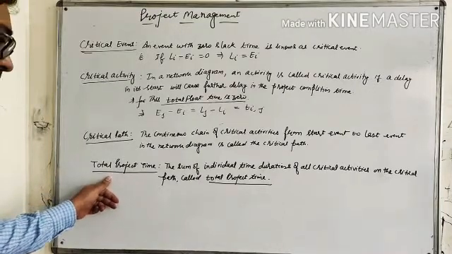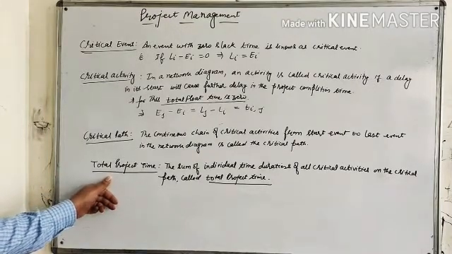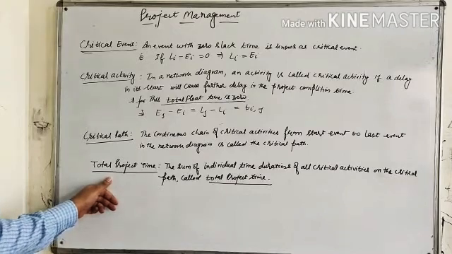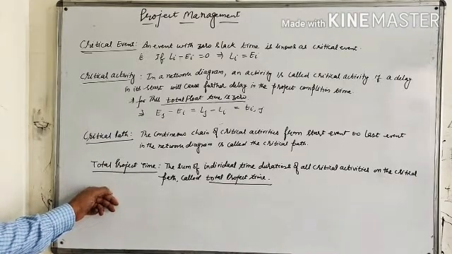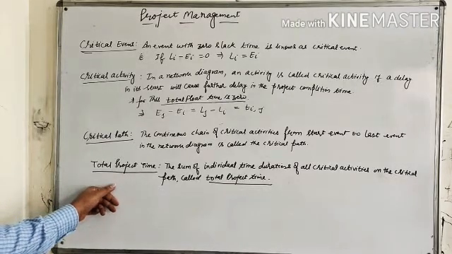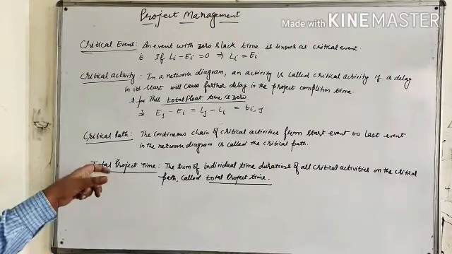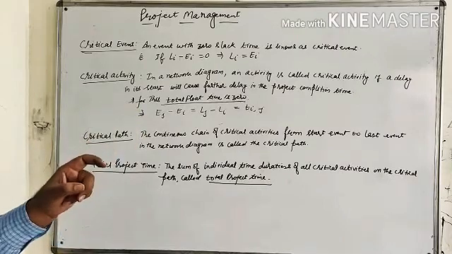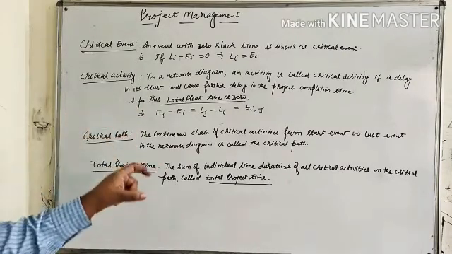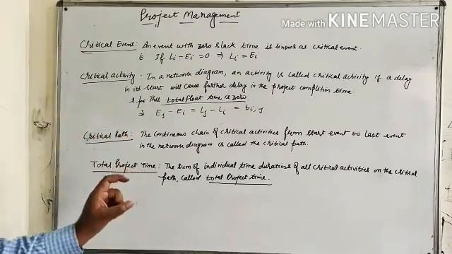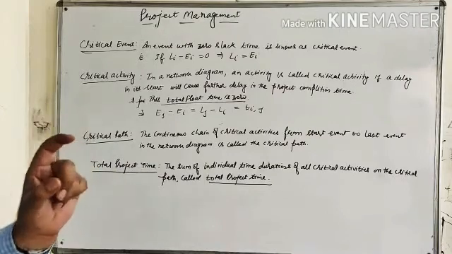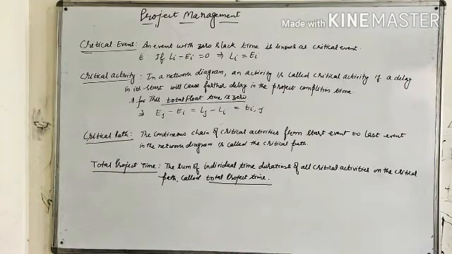Total project time is the sum of the individual time durations of all critical activities on the critical path. It is the minimum time required to complete the project.